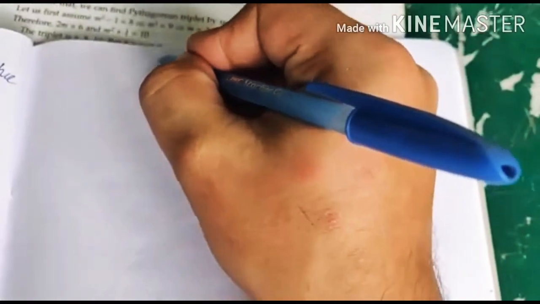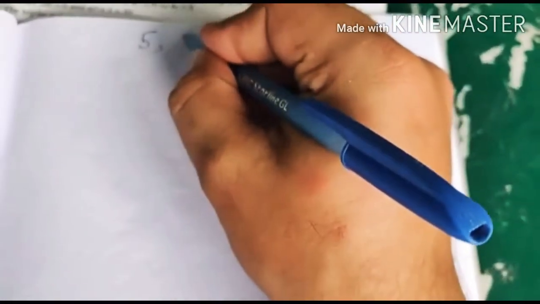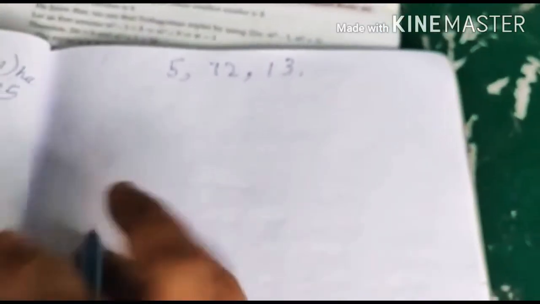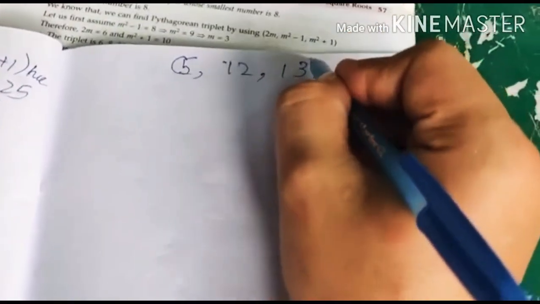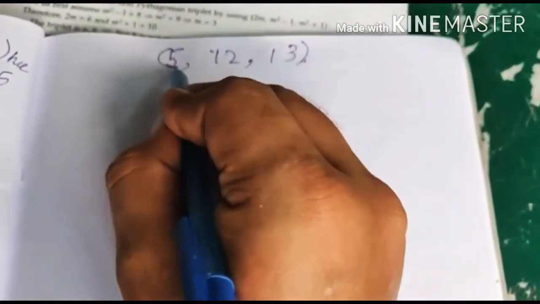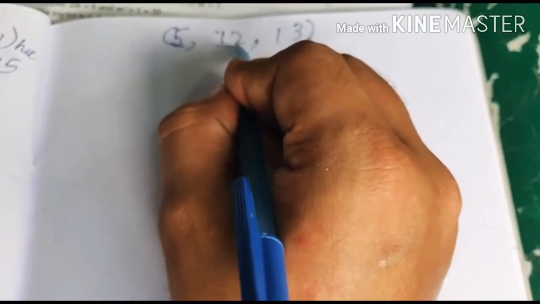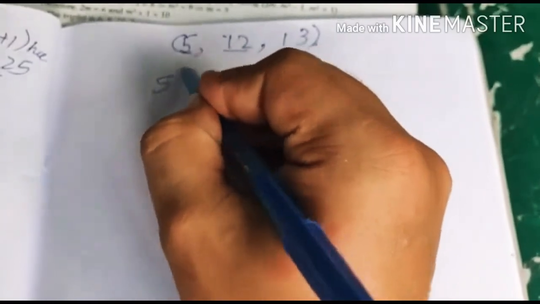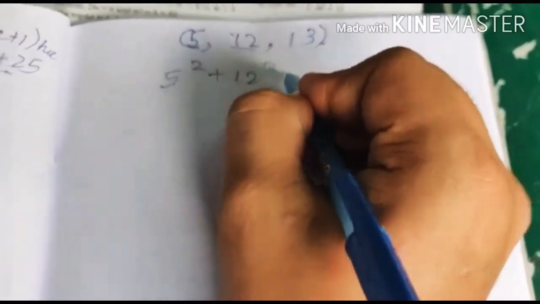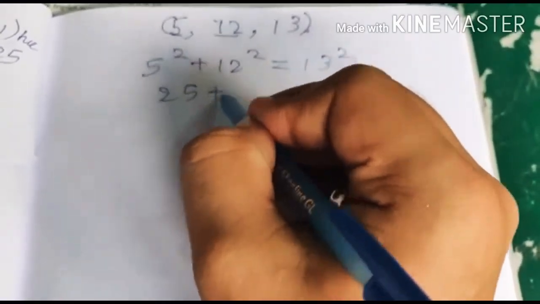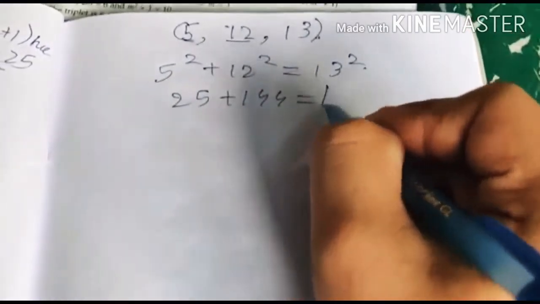Taking one more example, say there is one more set: 5, 12 and 13. How can we say that this is a Pythagorean triplet? The sum of the squares of the first two numbers is equal to the square of the third number. 5 square plus 12 square equals 13 square. 25 plus 144 equals 169.